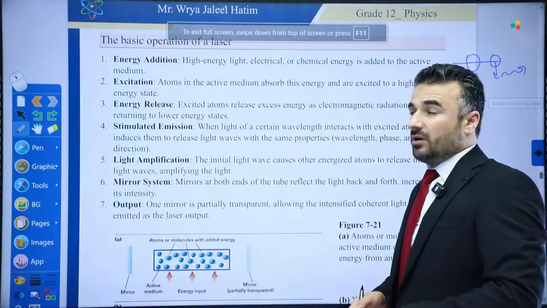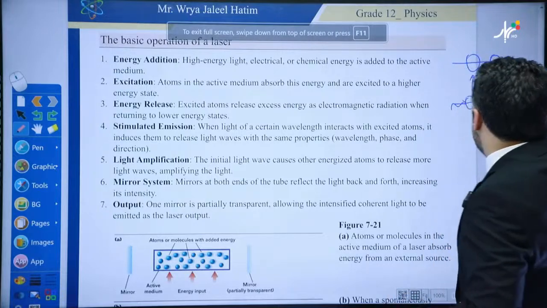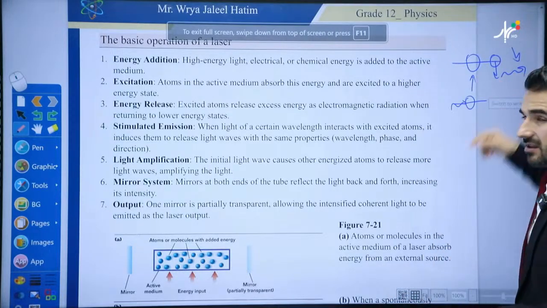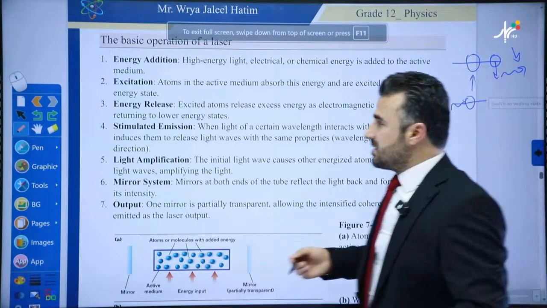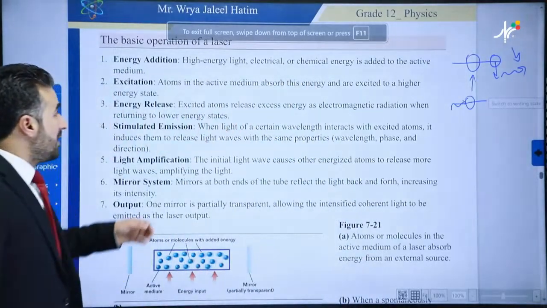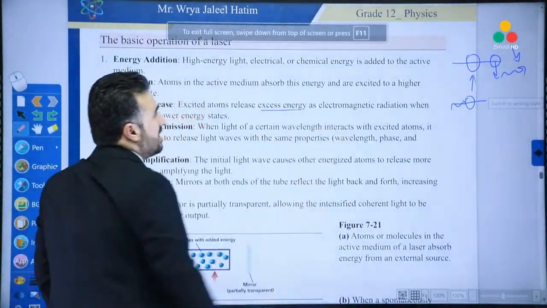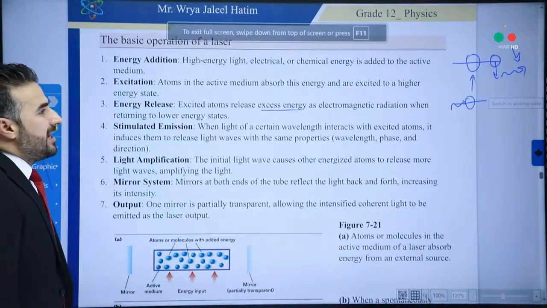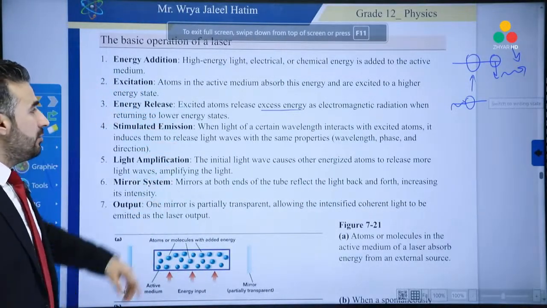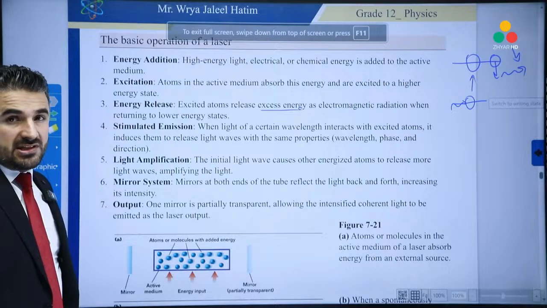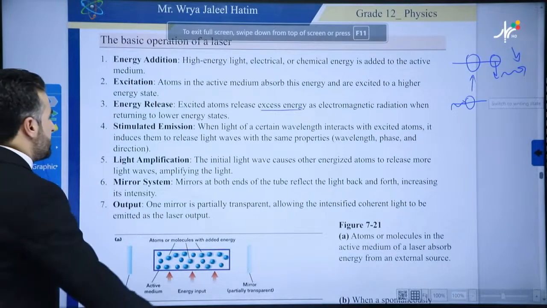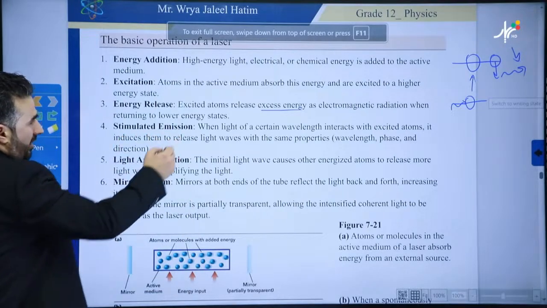They have to get rid of the energy they gained, and that is the light energy, or the laser light. That is called energy release. So excited atoms release the extra energy as electromagnetic radiation when returning to their lower energy state. And then the next one, which is also very important, is stimulated emission.